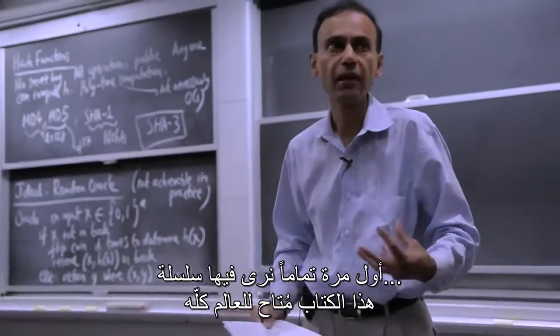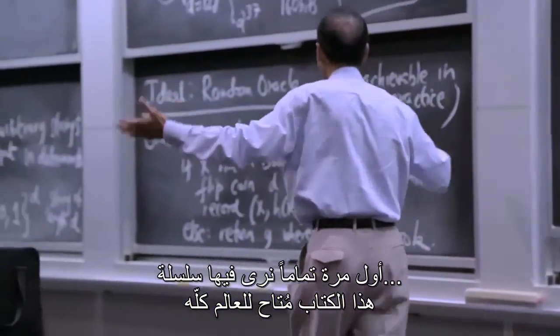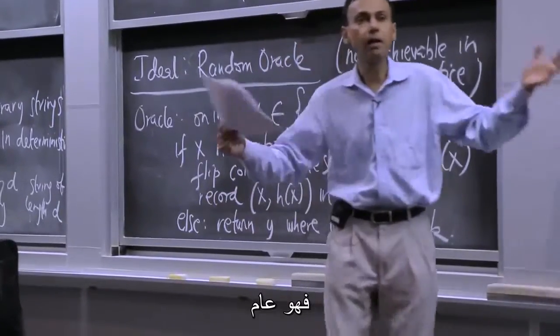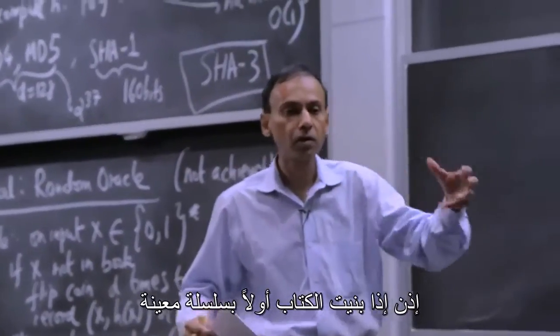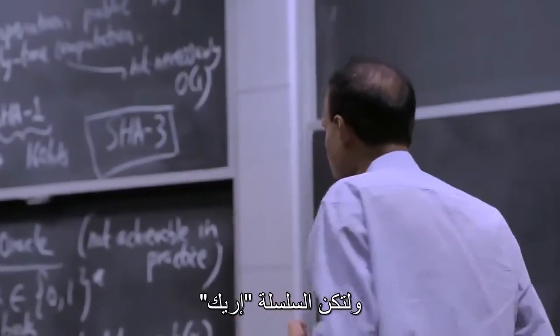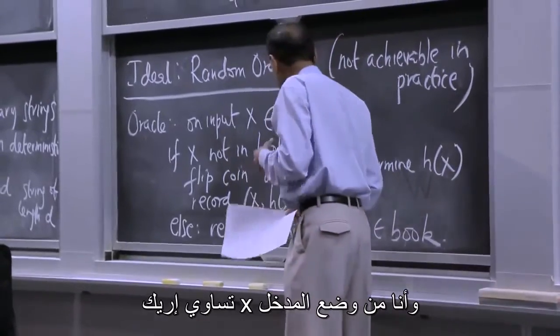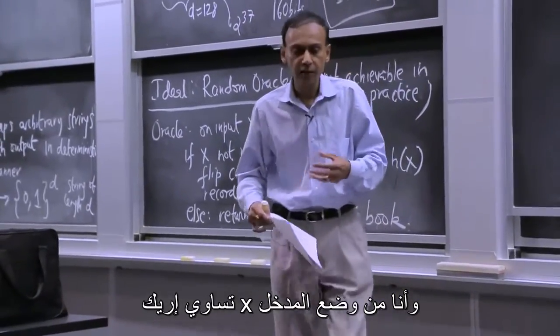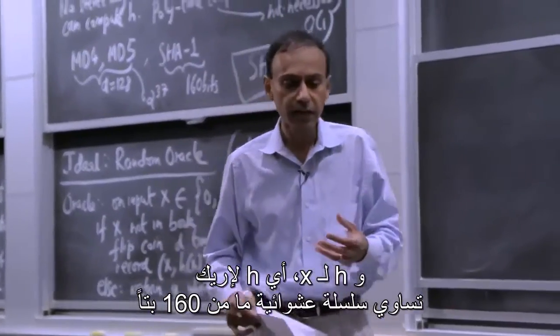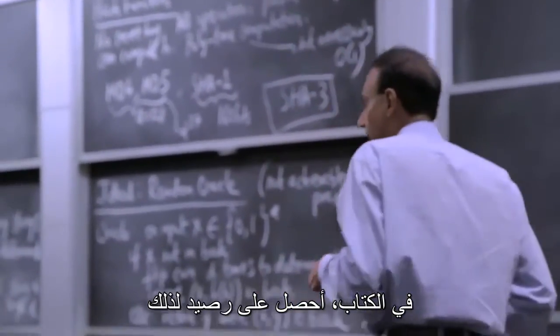Right? So the very first time you see a string, and the whole world can query this book. It's public. So if I queried the book first with a particular string, let's say Eric was the string, and I'm the one who put the entry x equals Eric and h of Eric equals some random 160-bit string into the book. I get credit for that, right?